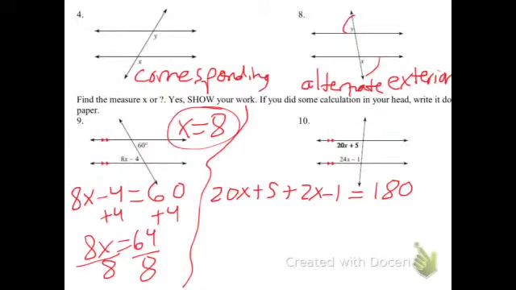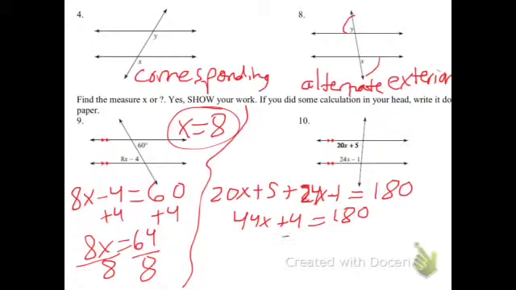We now need to combine like terms. I messed up right here. That should be 24x and then minus 1. I'm going to combine like terms now. 20x plus 24x gives you 44x. 5 plus negative 1 is going to give you positive 4.